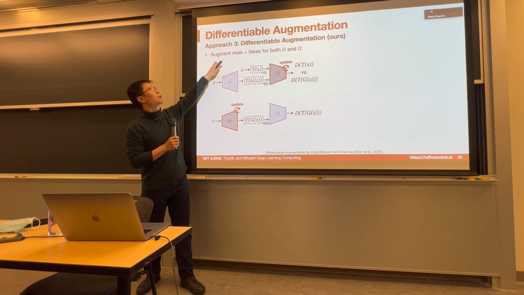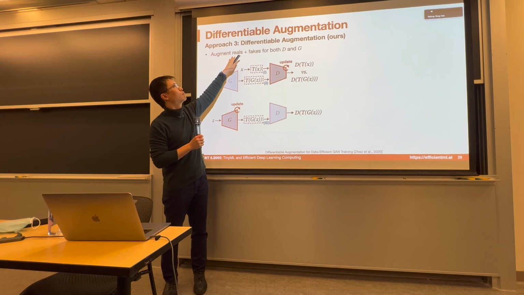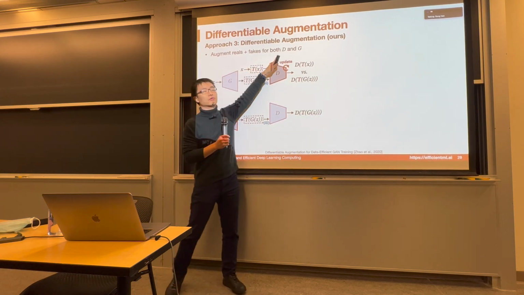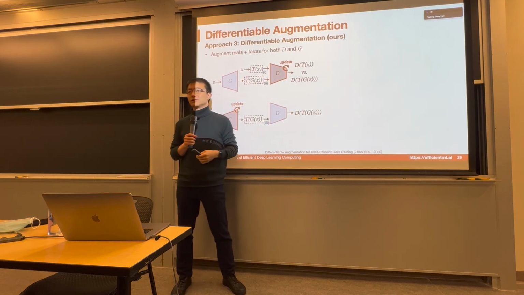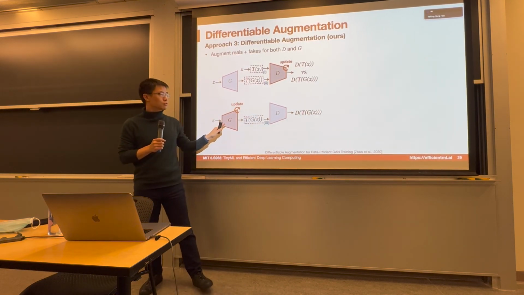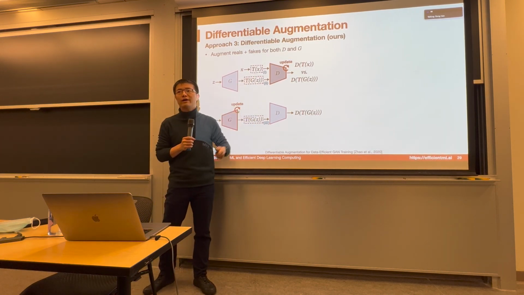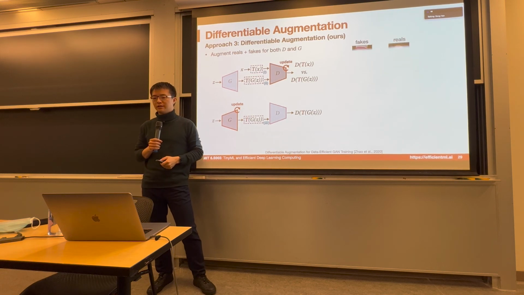So we want to augment both the reals and the fakes, for both the discriminator and the generator. Both of them should be aware of the existence of the augmentation, right? So 3 places we need to add this augmentation, right?